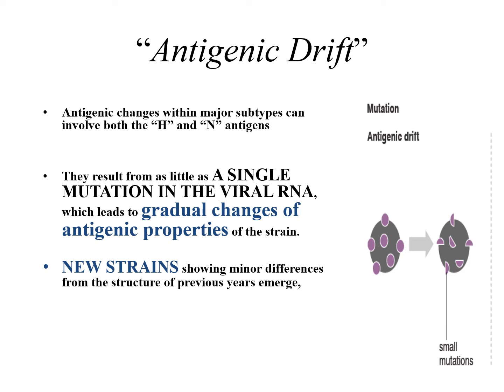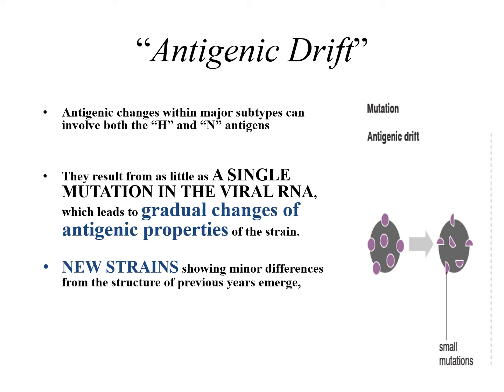This single point mutation could occur in any of the 8 viral segments, but it's of utmost importance when it occurs in the H and the N antigens, because they are the outermost part of the influenza virus, and any change is going to render the immunity generated against these glycoproteins of less efficacy.